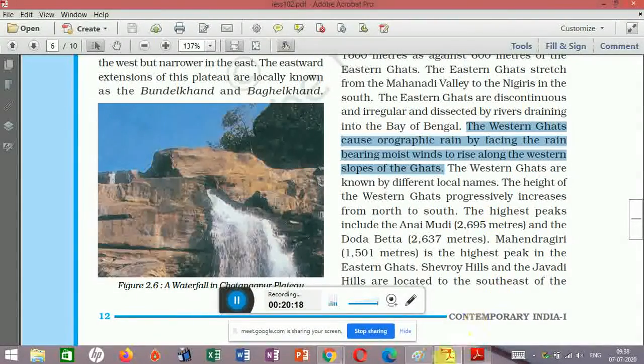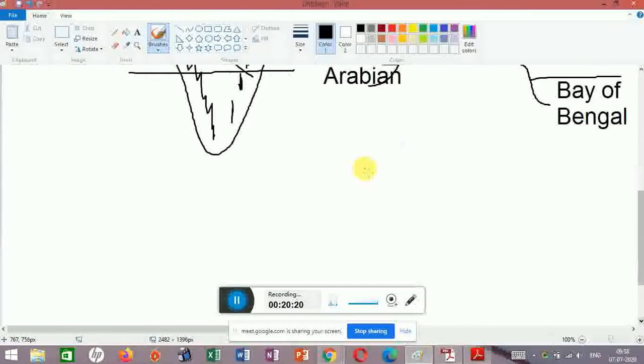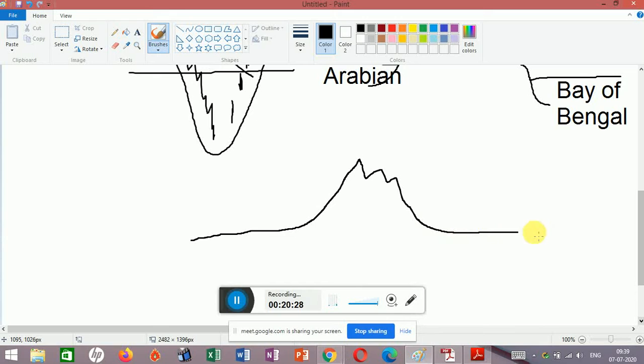So what does it mean? See, here this is the coastal area. Let us say this is the Western Ghats, and here lies the sea, that is the Arabian Sea.